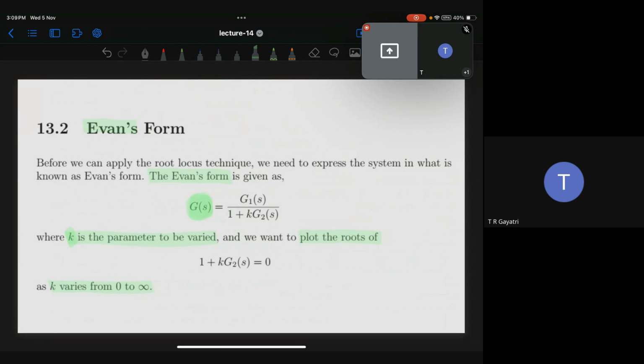We want to plot the roots of the denominator 1 plus k g2(s). So any transfer function we will first put into this Evans form. Then we want to plot the roots for different values of k, which varies from 0 to infinity. That is our main aim, but we have to keep our transfer function in this form.